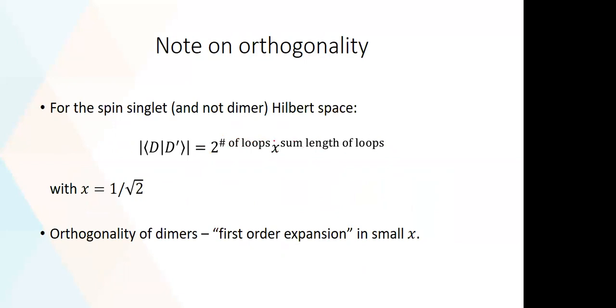I think you can also count the double bonds. No, that's in the normalization. You want it to be normalized states, right? So the normalization is the number of dimers, and x is the overlap of non-orthogonal dimers.